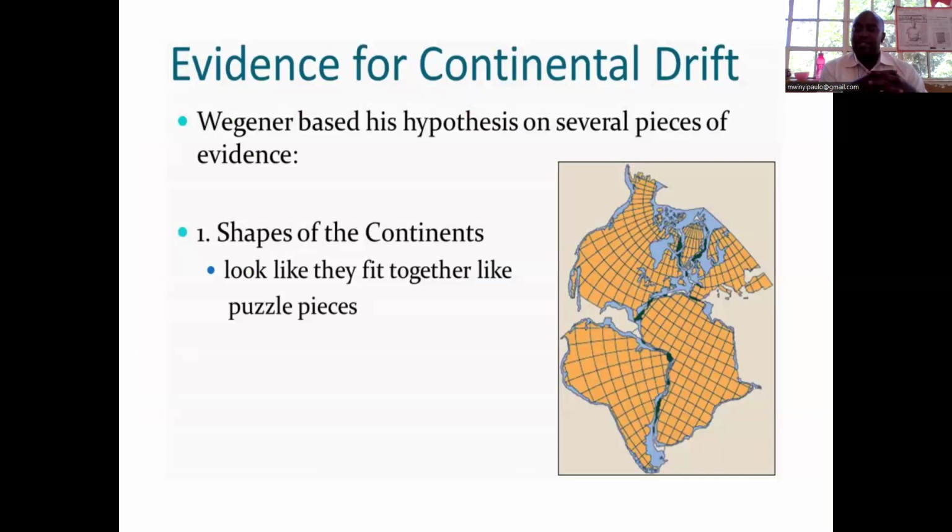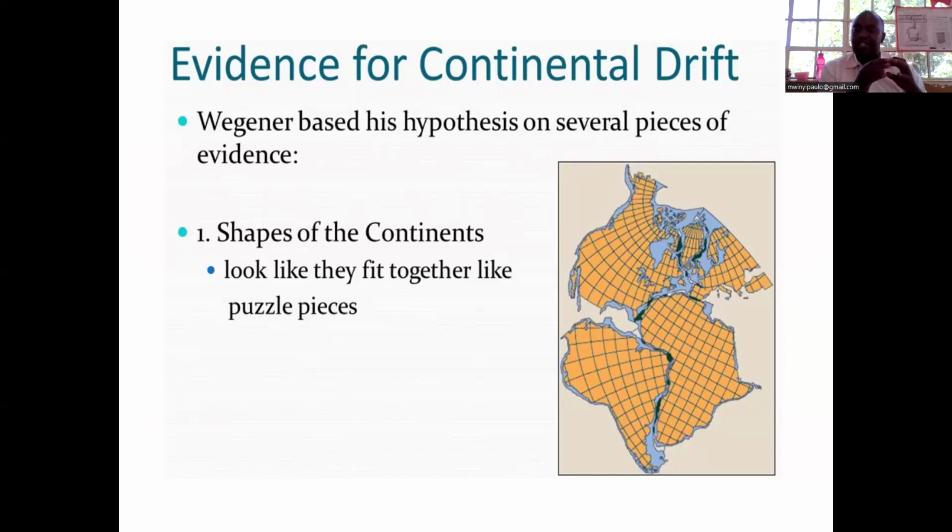What evidence is there for the continental drift theory? You see, for a theory to be tangible, we must have evidence. According to Wegener, he based his hypothesis on several pieces of evidence. The first piece of evidence is that when he looked at the shape of the continents, they look like they fit together like puzzle pieces.